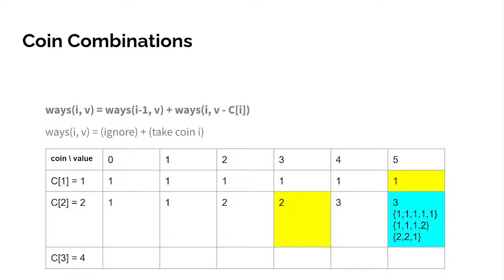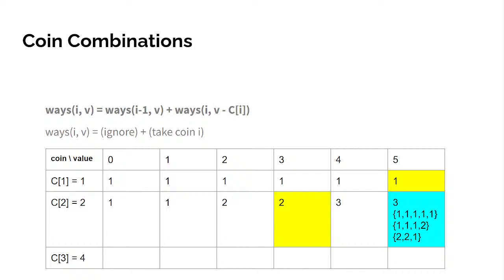Yeah. Right. So basically, you can see we are grabbing the values from the one above it or the one that's two steps to the left. The one above it means we're ignoring our new coin, and we're still using all the possible ways of doing it with the old method, which is up to 1.